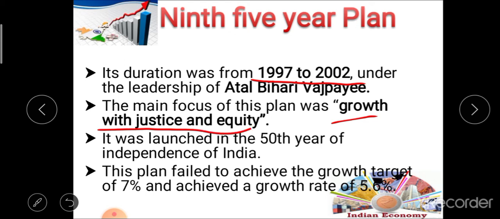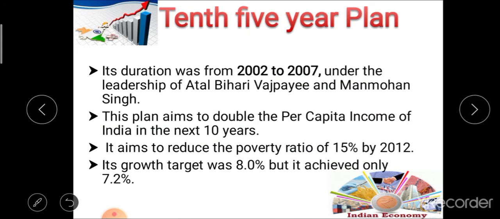It was launched in the 50th year of independence of India. This plan failed to achieve the targeted growth rate of 7% and achieved a growth rate of 5.6% only. After the ninth 5-year plan, the next one is the tenth 5-year plan.